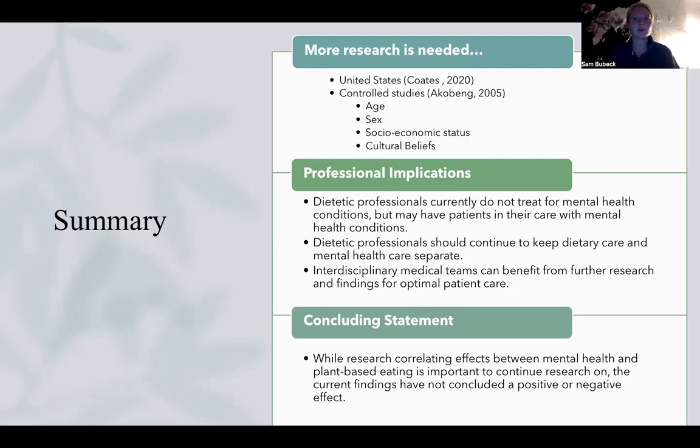You might have to include a psychiatrist in on your patient care. It's interdisciplinary. Dietetic professionals should continue to keep dietary care and mental health care separate. Aside from, as I mentioned, including those professionals who can cover this topic in on the care process. Interdisciplinary medical teams can benefit from further research and findings for optimal patient care.